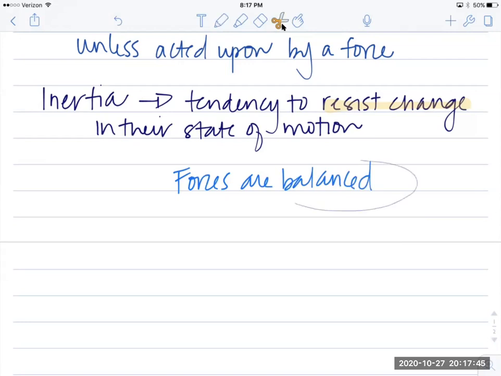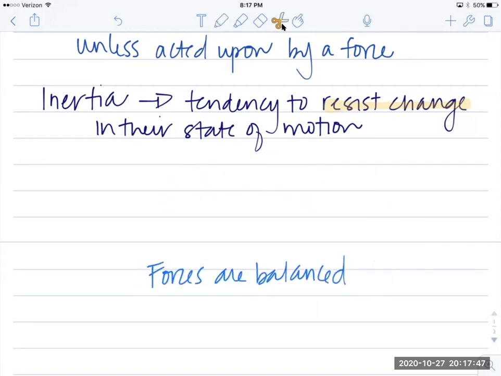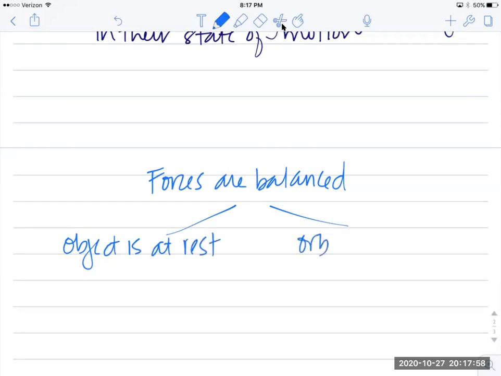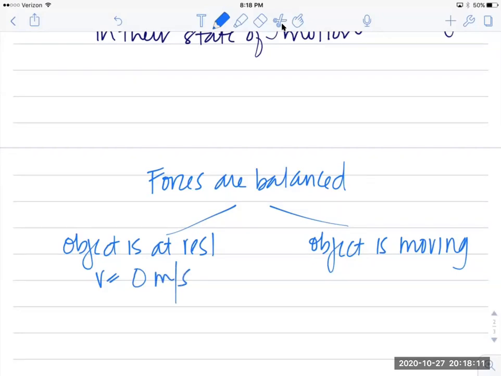Okay, so we know that if an object is at rest, or an object is moving, right? We know that if it's at rest, it has 0 for velocity, and if it's moving, it doesn't equal 0.